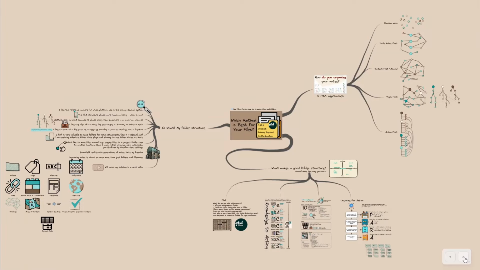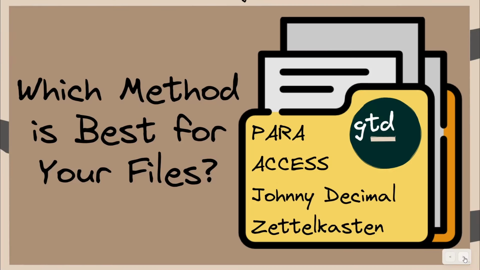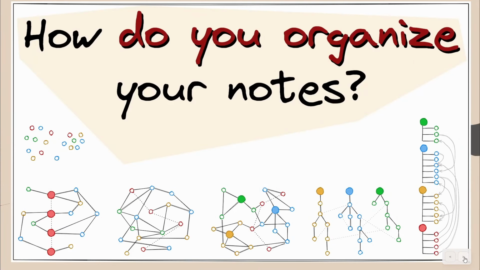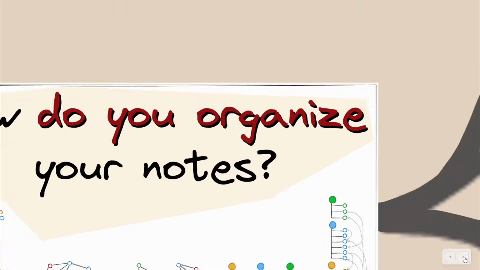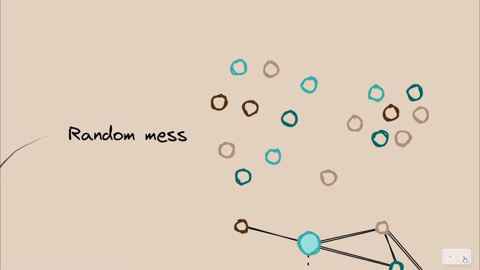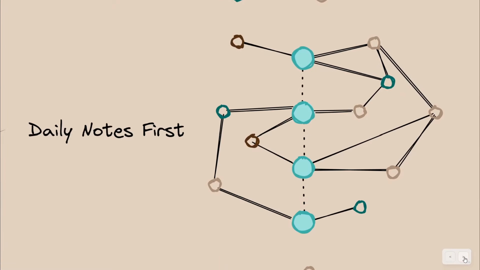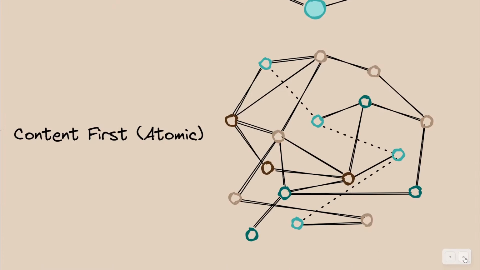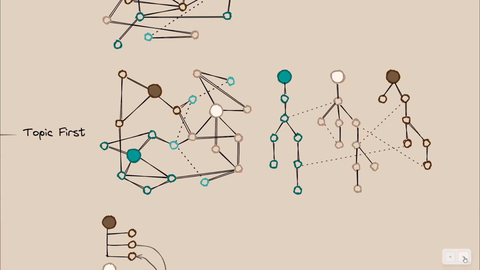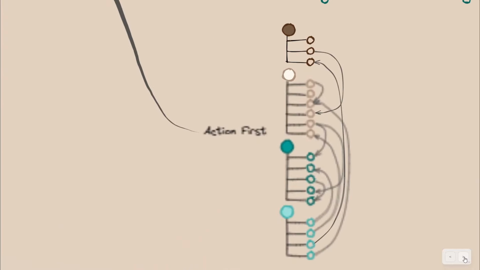Before we dive into today's topic, let's take a quick trip down memory lane. A few months ago, I made a video about how to organize your notes using different PKM approaches. In that video, we explored a range of different strategies, from random mess through the daily notes first and content first approaches, then the topic first approach, including Zettelkasten, and finally the action first method.